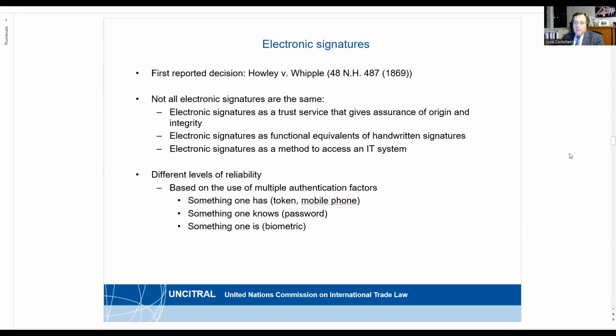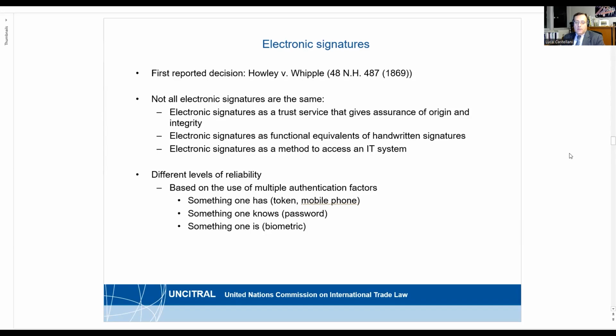In some cases, again, but this is a technical meaning, we talk about signing in an electronic signature as a method to access an IT system. For instance, I sign into my email, I sign into my computer. This is not a legal use, but it is important to bear it in mind because there may be sometimes confusion.